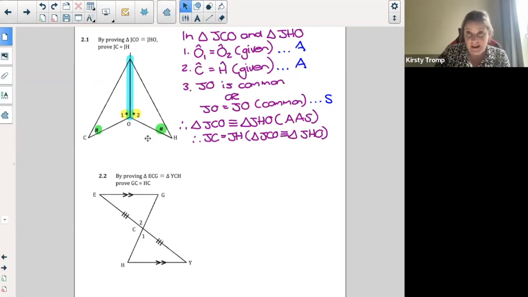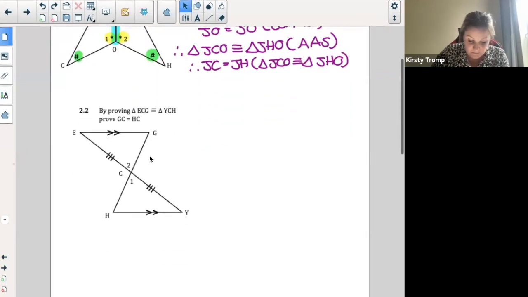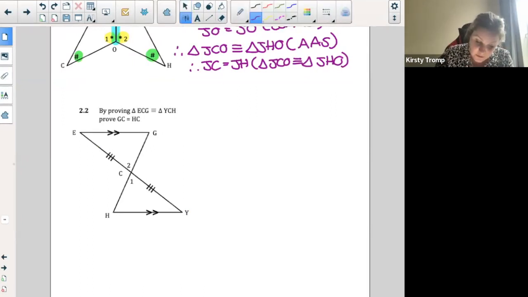Good. We're seeing vert-op angles. All right. Okay, I want to make this a little bit bigger for myself. Okay, so we're going to say, using the same structure, I'm bored of using this color pen. I'm going to change my color pen. So I'm going to say in triangle ECG and triangle YDH.